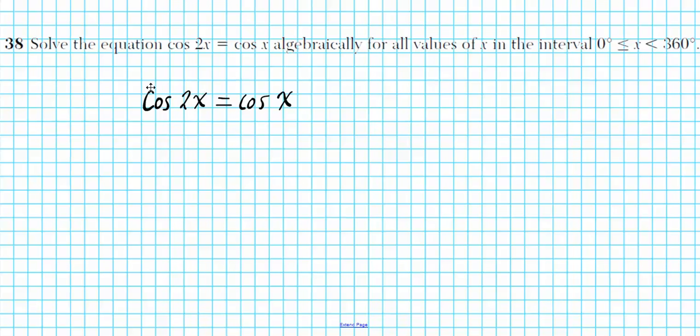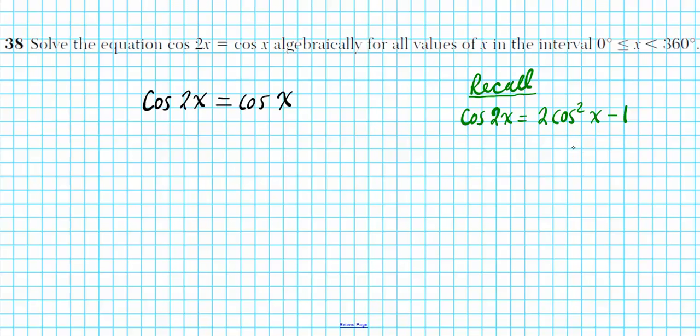I could use my double angle identities for cosine to express this as a square where the input of a cosine function is just x as opposed to 2x. Okay, so you want to recall your double angle identity. Cosine 2x is equal to 2 cosine square x minus 1.